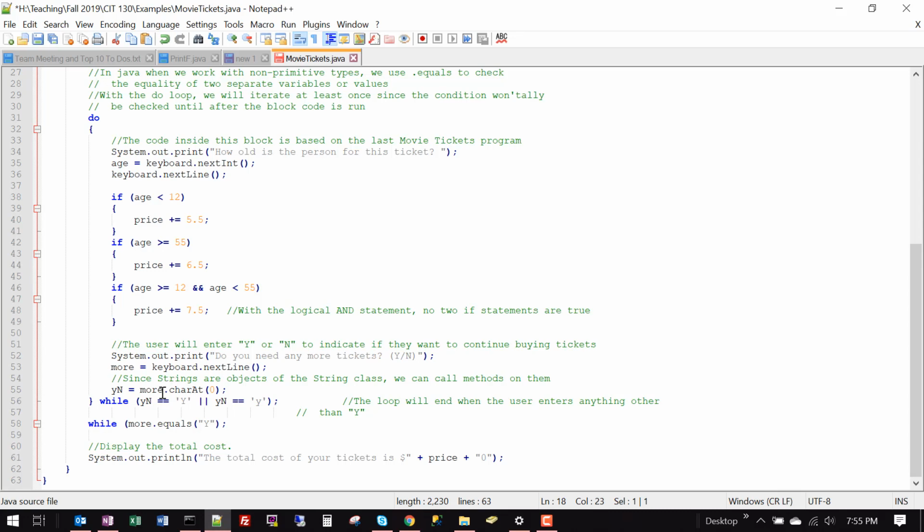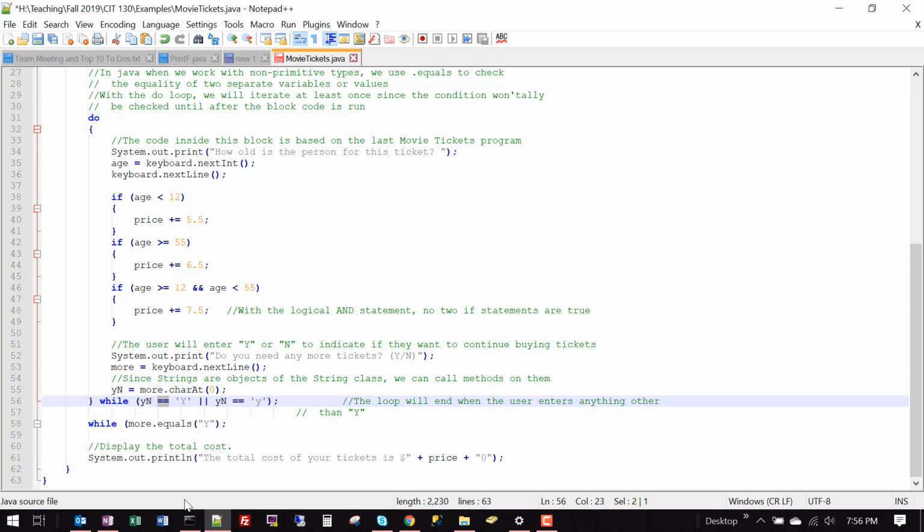In order to differentiate between assignment and checking for equality, the double equals is checking for equality, where the single equals is an assignment operator.